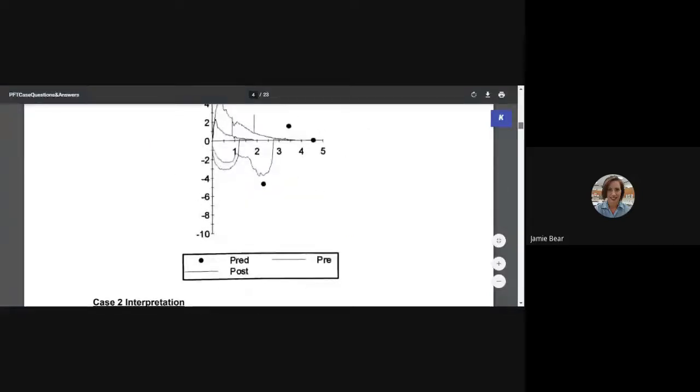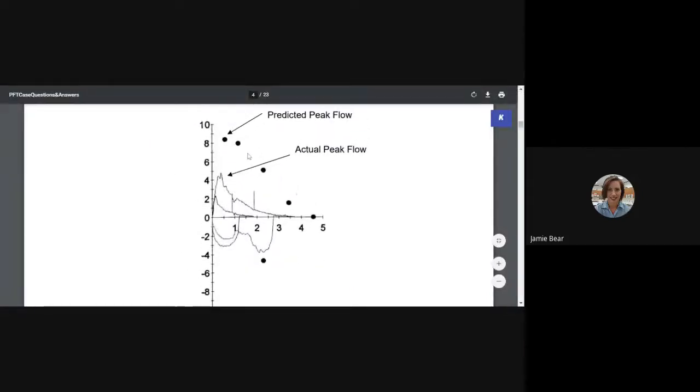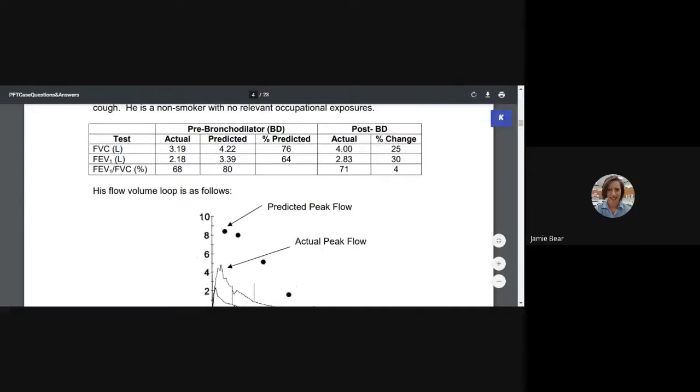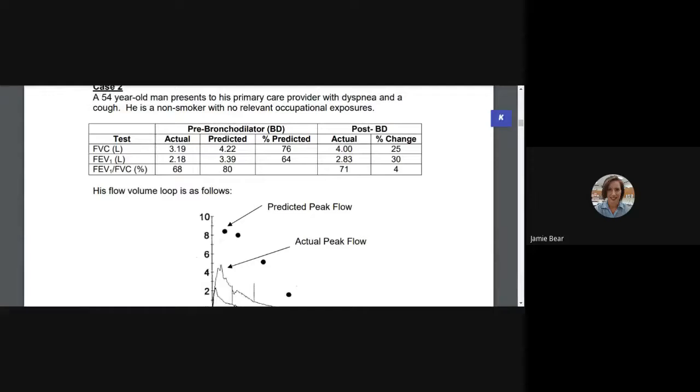Then when you go down and look at his flow volume loop, this is predicted. This is before and after his bronchodilator. You'll see that he was significantly obstructed here. Now, post-bronchodilator, after he was given a short-acting beta agonist such as albuterol, his change was 25% for the FVC and 30% for the FEV1.